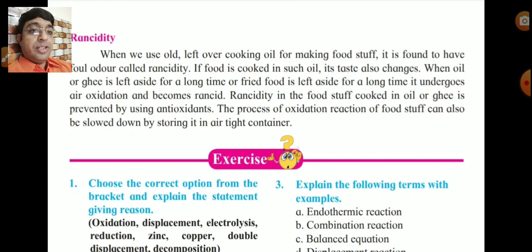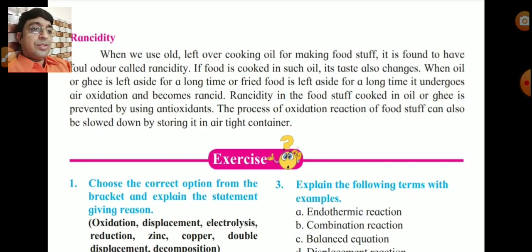So this is the definition of rancidity, all of you mark. If food is cooked in such oil, its taste also changes. When oil or ghee is left aside for a long time, or fried food is left aside for a long time, it undergoes air oxidation and becomes rancid. Rancid means unfit for use.